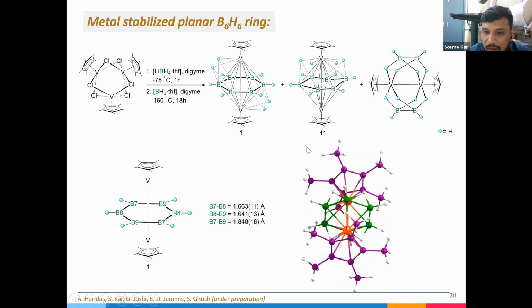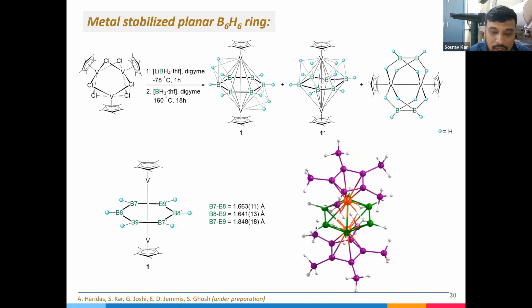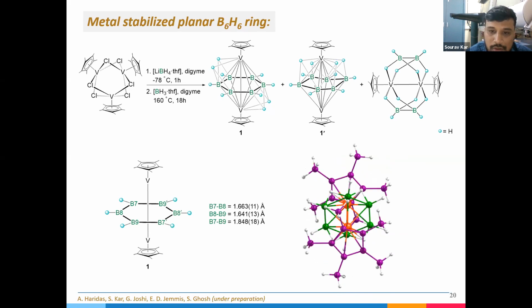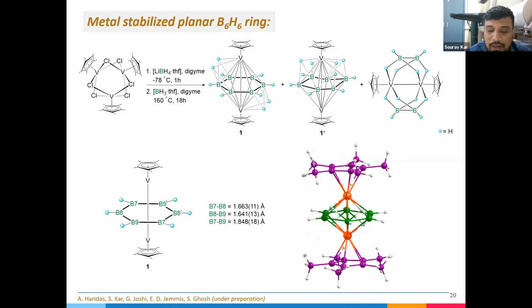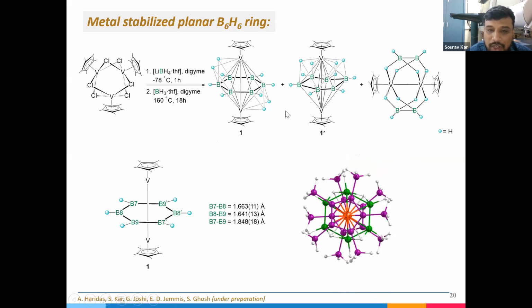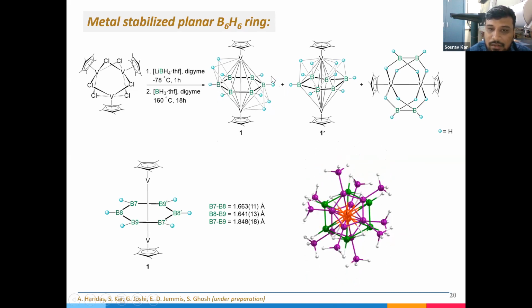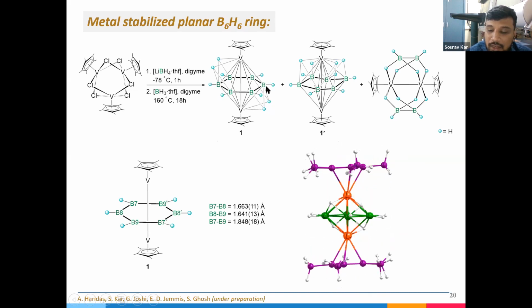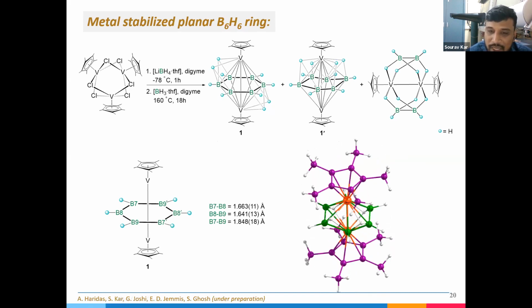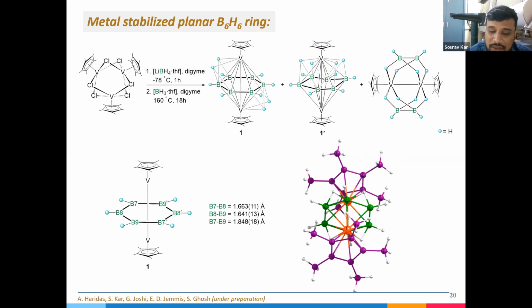Hope we will get the final structure very soon. And very recently, we also got one result from the titanium system, where a B6H6 planar ring is present in the same way. And the spectroscopic characterization is on the way.